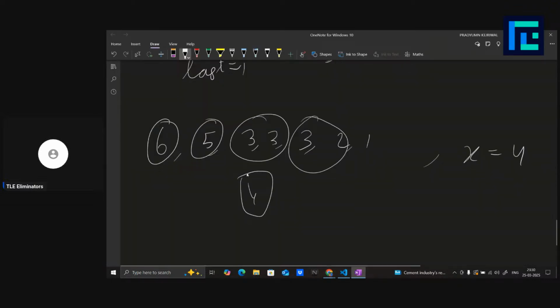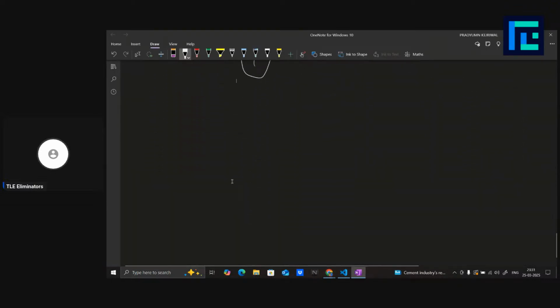Basically, the problem in short is like you have been given a number n. You have to print a permutation p1, p2, p3 up to pn of numbers.